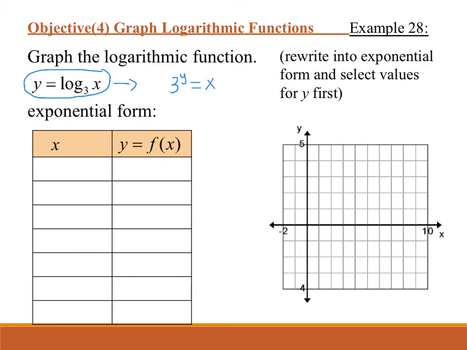Now we did that on purpose because for each value of x, we can evaluate a particular y. For example, I will let x equal 1. If x is 1, y is 0. We can see that immediately through our exponential form. If x is 3, we see that y is 1.